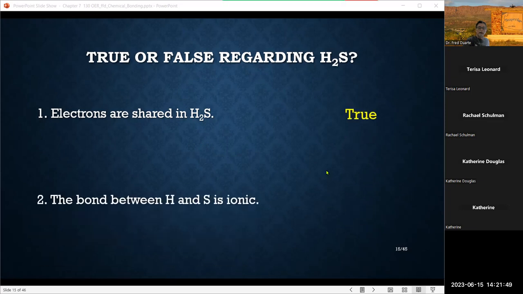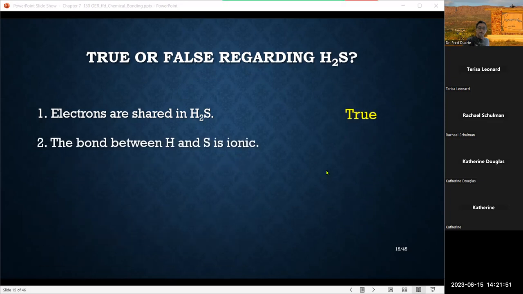All right. The bond between the hydrogen and the sulfur is ionic. What do you think? False. It's definitely false, because hydrogen and sulfur are nonmetals. Remember, on the periodic table, you have hydrogen on the far left, and you might think that it is a metal, but it's not.